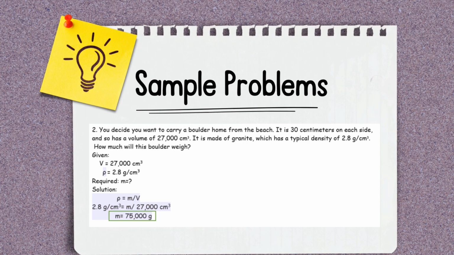We can solve this problem using the formula of density, which is P is equal to M over V. Substitute the given: the density is 2.8 grams per cubic centimeter and is equal to M over 27,000 cubic centimeters. We can calculate this using a calculator. Shift solve and you get the mass, which is 75,000 grams.